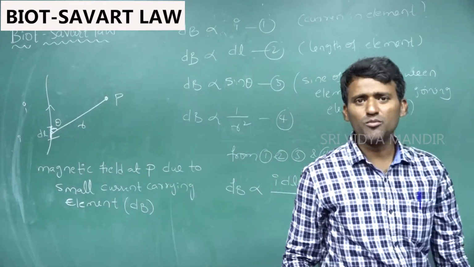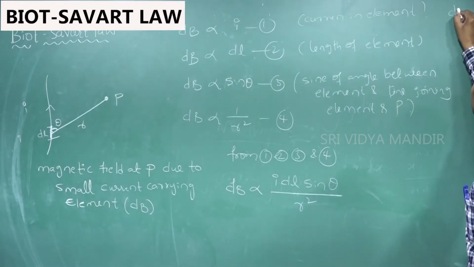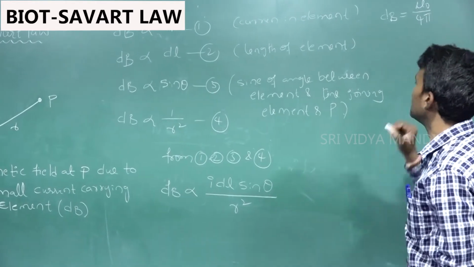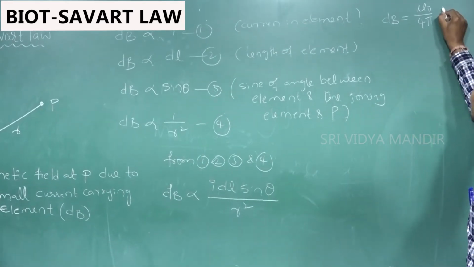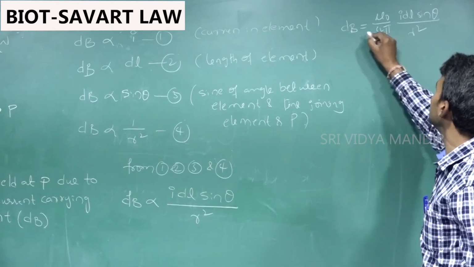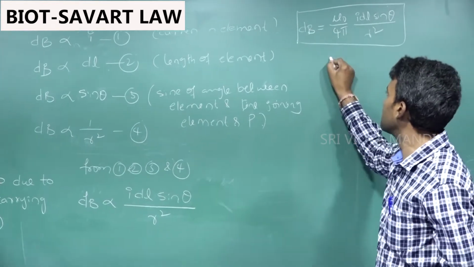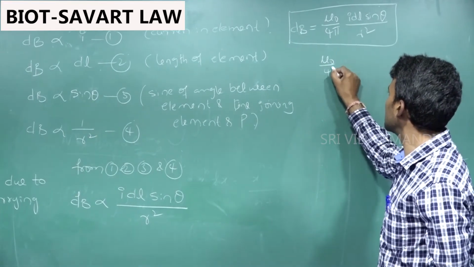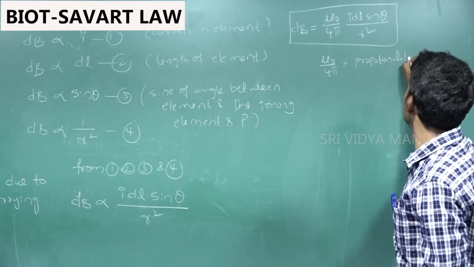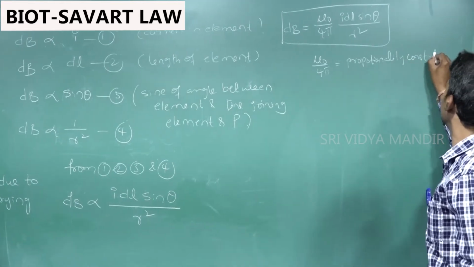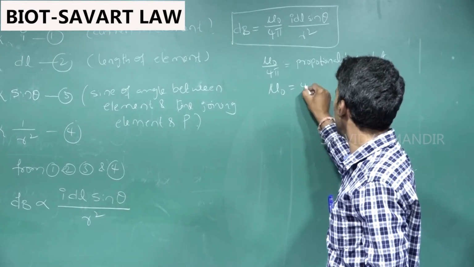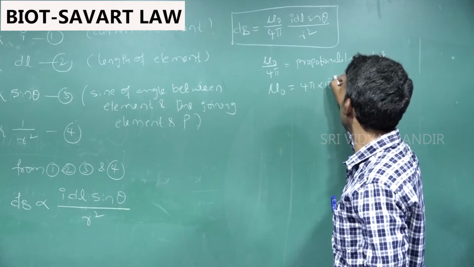When you remove the proportionality, dB is equal to mu naught by 4 pi into I dl sin theta divided by r square. Here mu naught by 4 pi is the proportionality constant, and mu naught is equal to 4 pi into 10 to the power of minus 7.